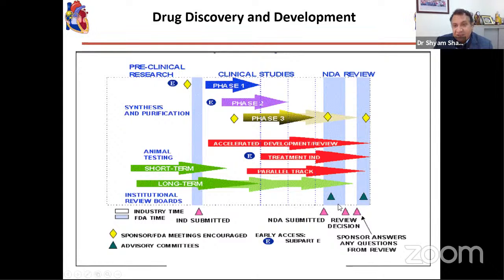At the end, about 10 to 12 years it takes to file the NDA, the new drug application. So IND is the investigational new drug application, and the NDA involves all preclinical as well as clinical studies.